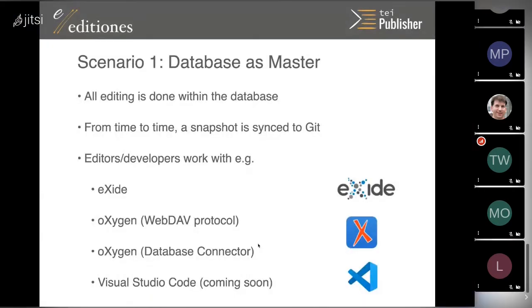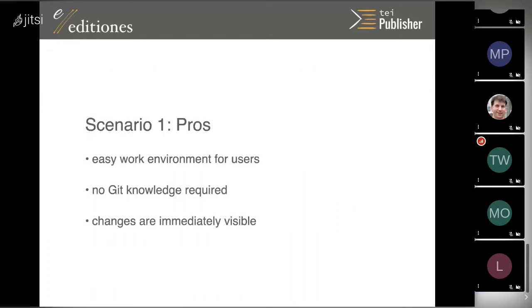So this is the scenario database as master. I won't show you how to use the Oxygen database connector. That requires a bit more fiddling, but it will work and is quite powerful. The advantages of this scenario are that it's an easy work environment for users.